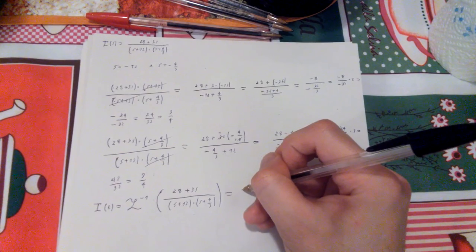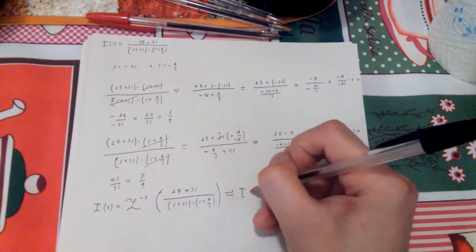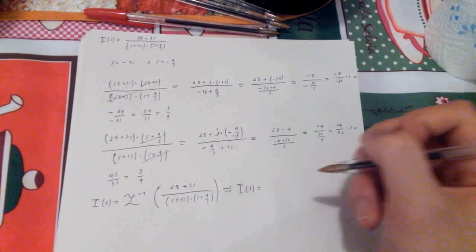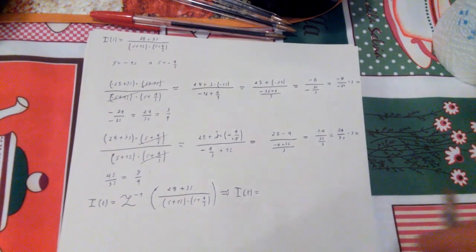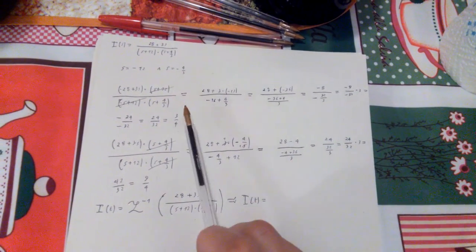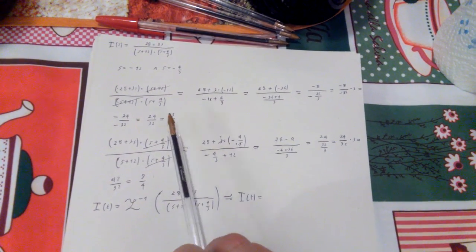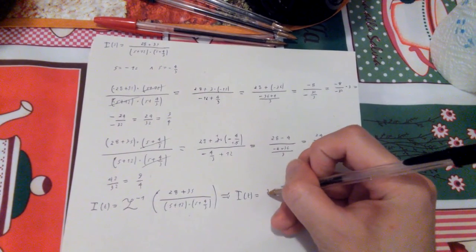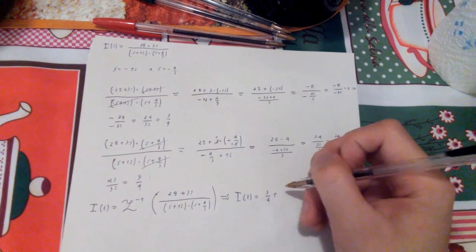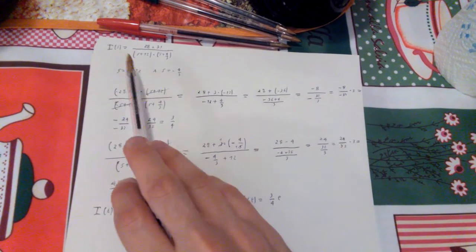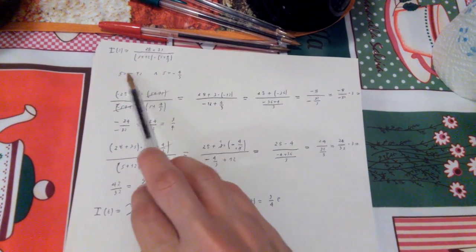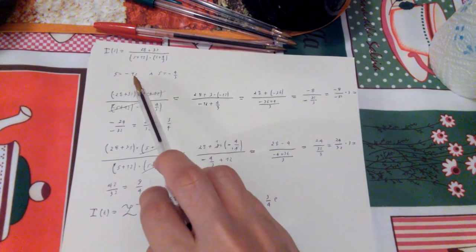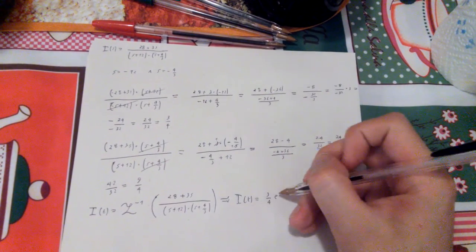So I of t is actually 3 over 4, which is the first pole, e to the first root, so e to the negative 12 times t, so negative 12t.